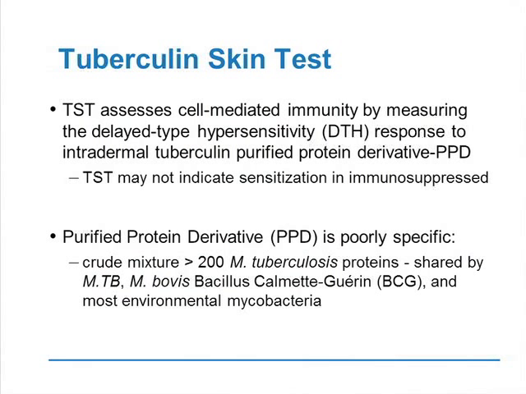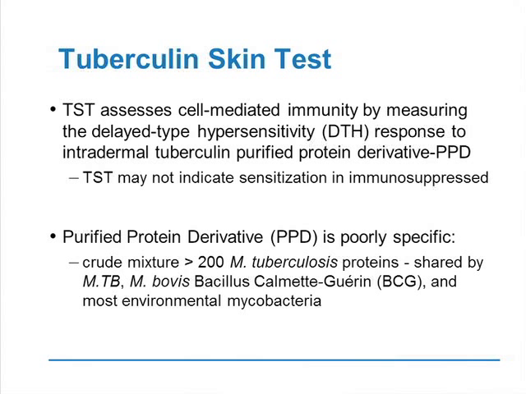So the tuberculin skin test basically assesses cell-mediated immunity in the form of a delayed type hypersensitivity reaction to this intradermally administered purified protein derivative, or PPD. What we use now is called PPDS, but it should be realized that patients who undergo this test may not always be positive, especially the immunosuppressed, where sensitization may be absent because of anergy.